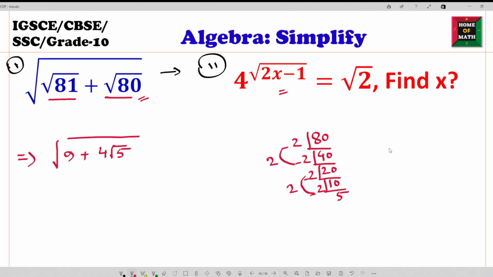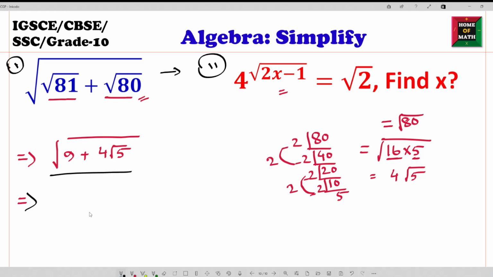If we simplify like 16 times 5, it means 80, right? So for this 16 we can write 4, and this 5 we can write root 5. Hope you clear this one. Now for this scenario, what can we do?